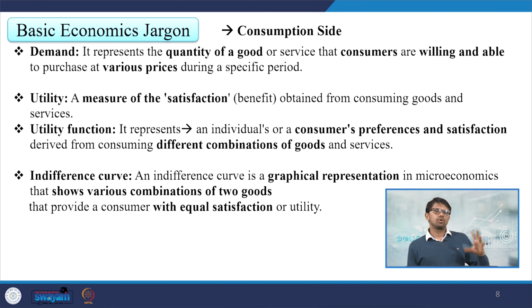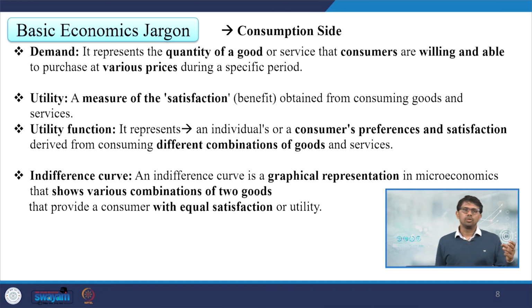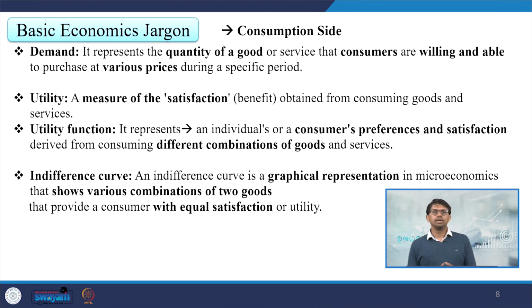We sometimes are confused with demand, with wants, then utility, then satisfaction. These are largely used interchangeably. However, when demand is concerned, it presents the quantity of a good and service that consumers are willing and able to purchase at various prices during a specific period.